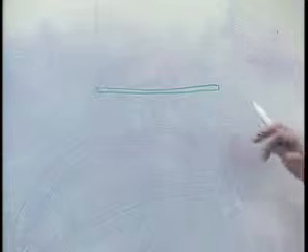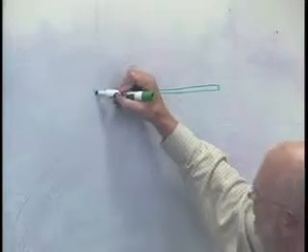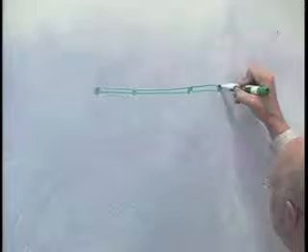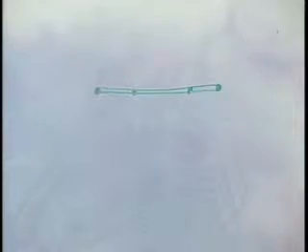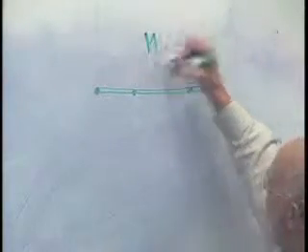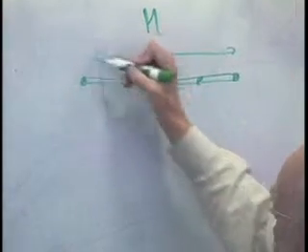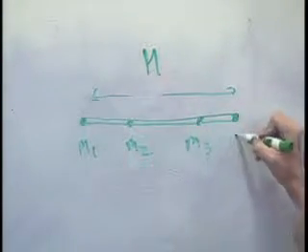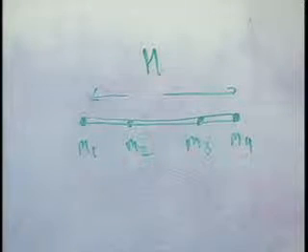You have a uniform massive rod, and then you attach point masses in various places. So you have mass capital M distributed all along the rod, and then these point masses.